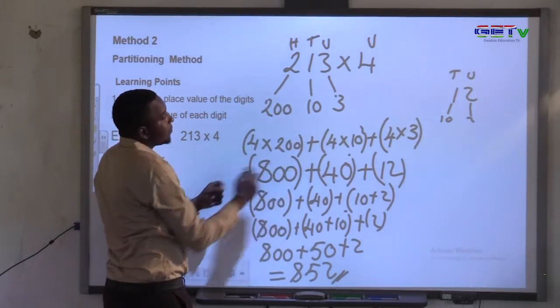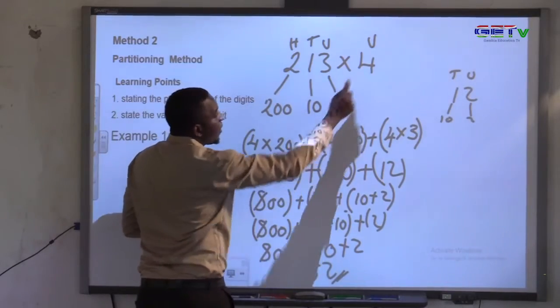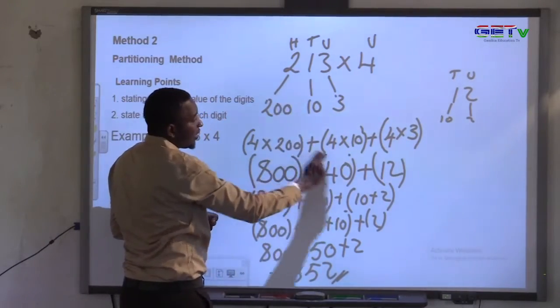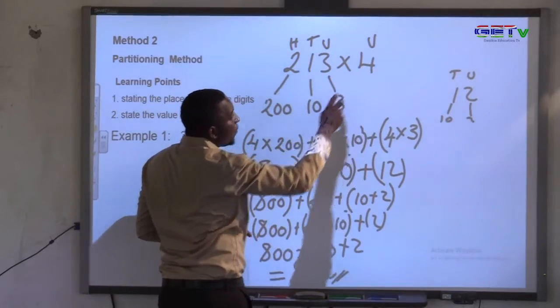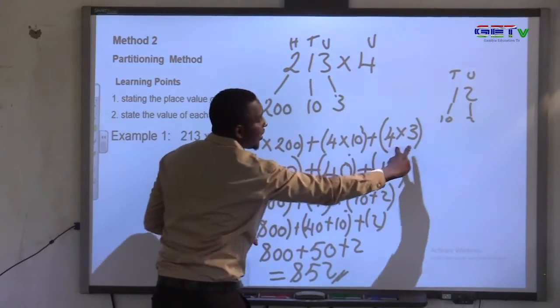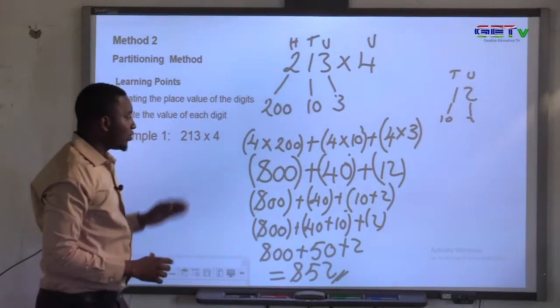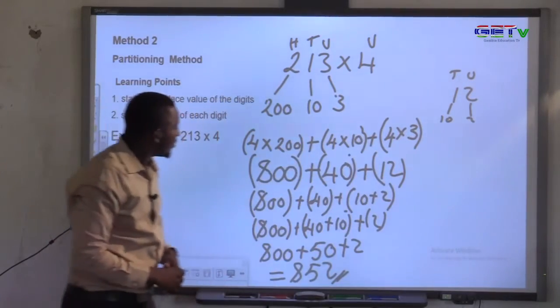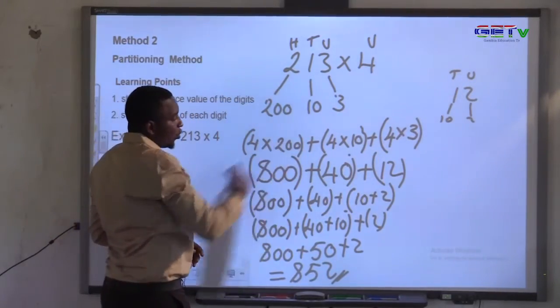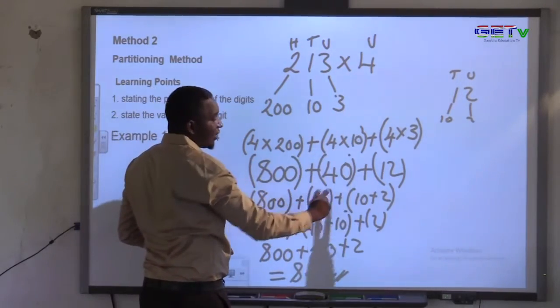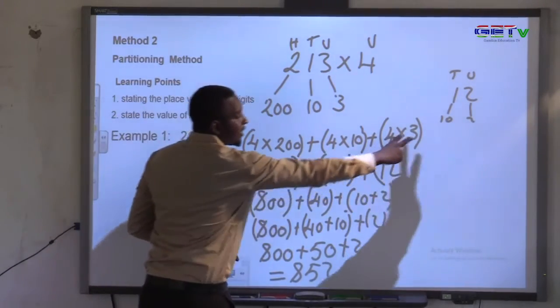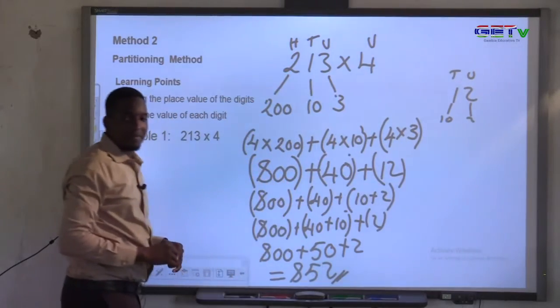So in the first case, we multiplied 4 by the value of 2, which is 200. That's what we have here. Then in the second case, we multiplied 4 by the value of 1, which is 10. That is what we have here. And in the third case, we multiplied 4 by the value of 3, which is 3, and that's what we have there. So after doing those multiplications, we have 4 times 200 gives us 800, 4 times 10 gives us 40, and 4 times 3 gives us 12.